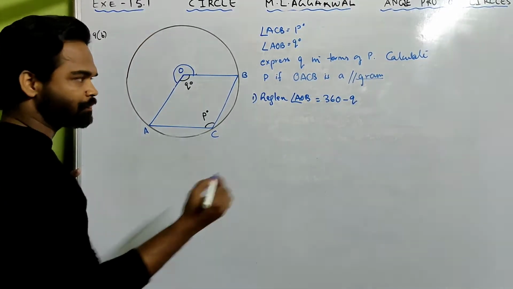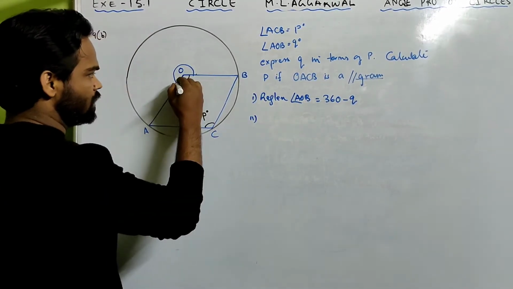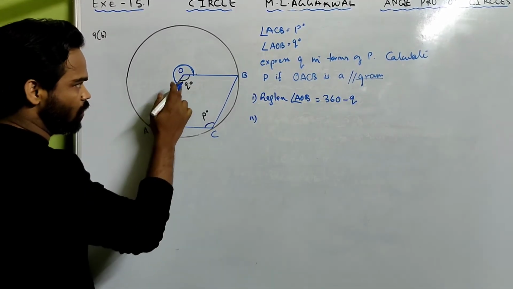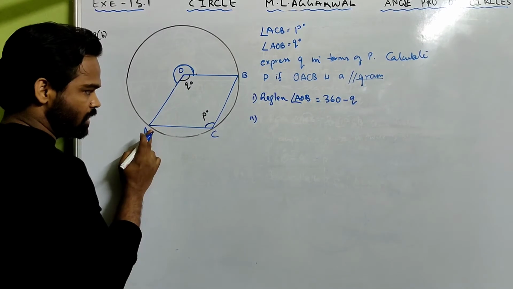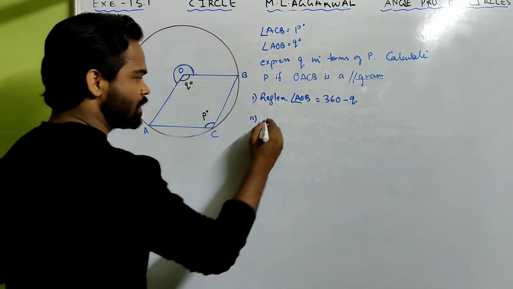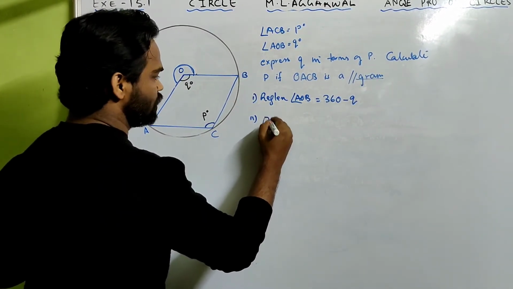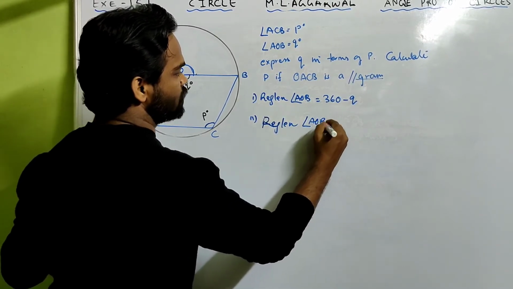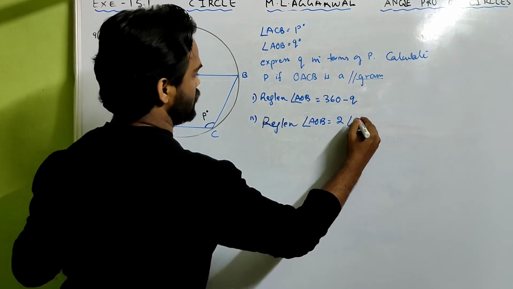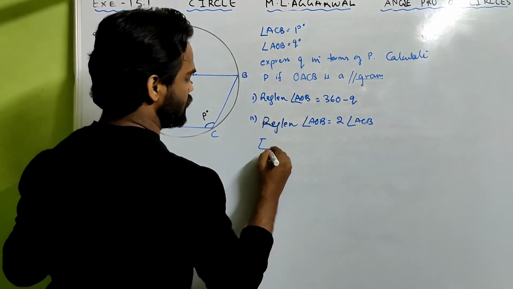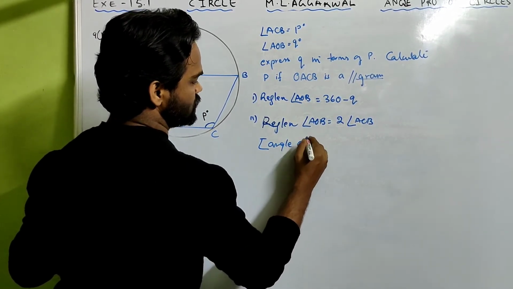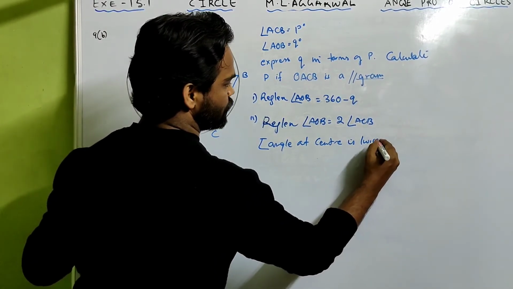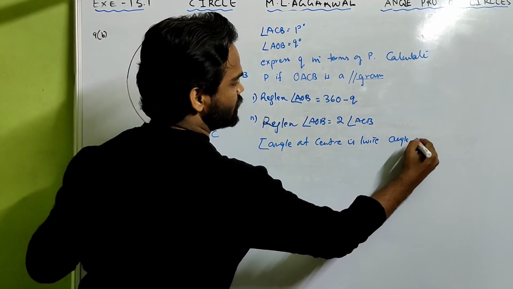No doubt in that. Now, angle at the center is twice the angle at circumference. See, AOB reflex, ACB, segment is same. Reflex angle AOB will be twice angle ACB. Why? Angle at center is twice angle at circumference.